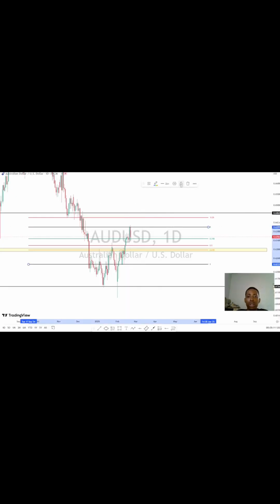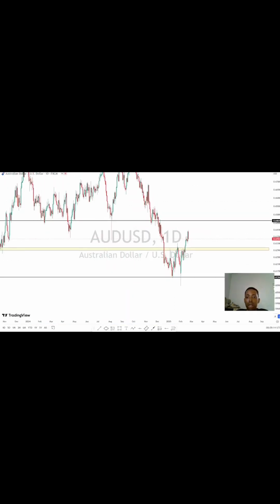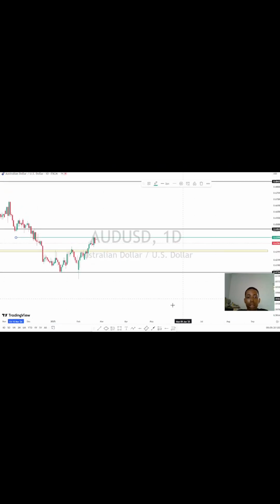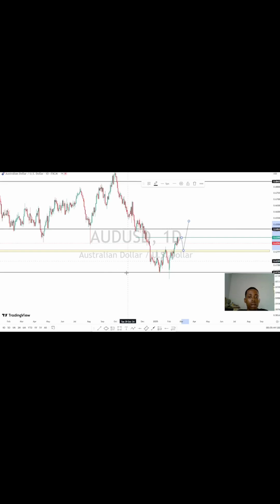So for me, next week I'll be looking forward for AUD USD to do something like this. Okay, let me map out this high that was formed. So I'll clearly be waiting for AUD USD to come back to retest the neckline of this level, and we'll keep on pushing up to at least the next high being this level.